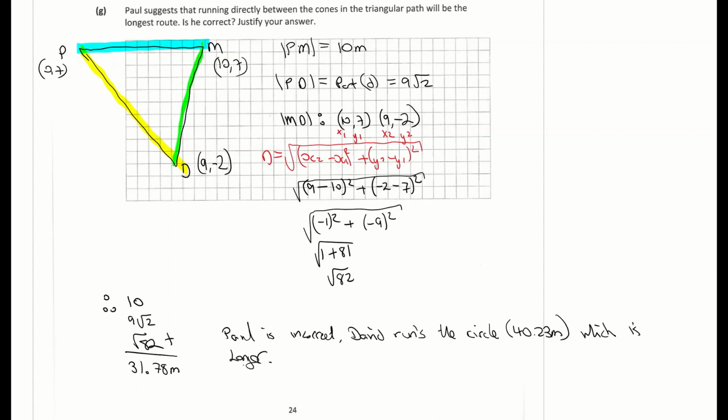And I'm just going to make reference to Mary as well, as is Mary's suggestion in part E. What was Mary's suggestion in part E? What distance was Mary going? Mary was going 6√41, which turned out to be 38.42 meters. So you can see here that finally Paul's suggestion is not the longest, it's actually the shortest at 31.78 meters. And that is question 9.